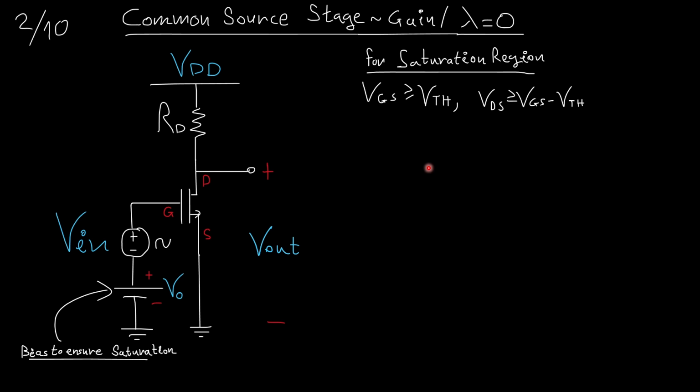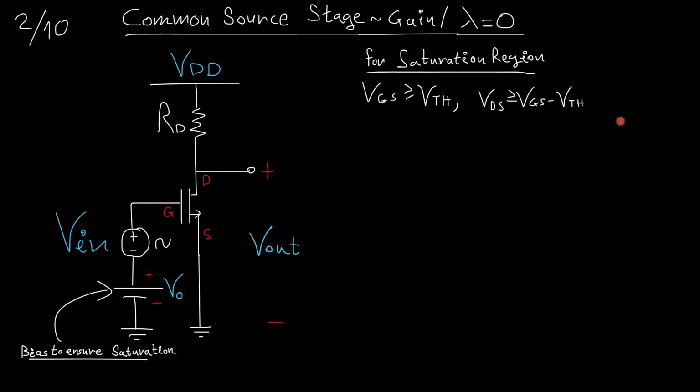For the saturation region, we want the gate source voltage to be larger than VTH, the intrinsic threshold voltage of the device, about 0.5, 0.7, and we want the VDS, the voltage from here to here, to be larger than VGS minus VTH.